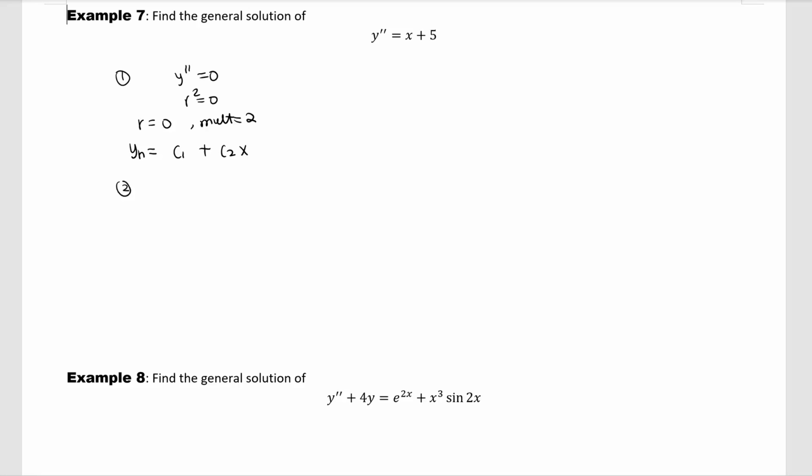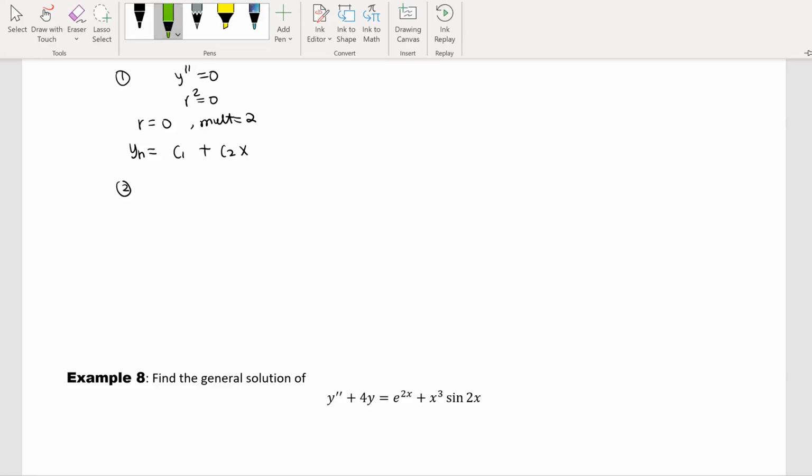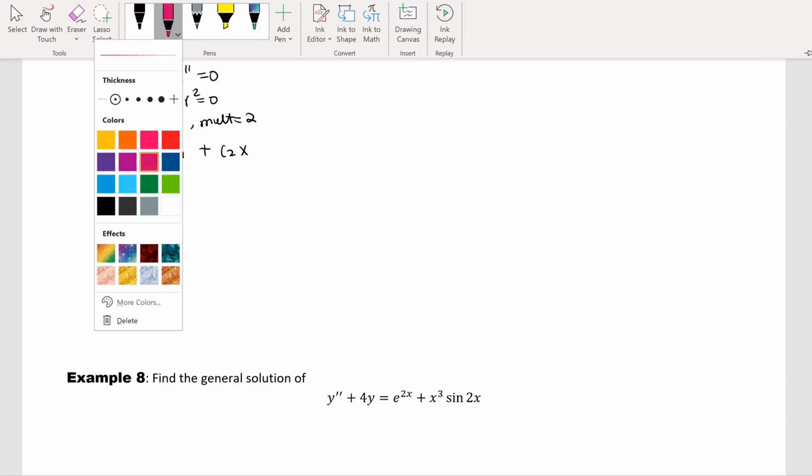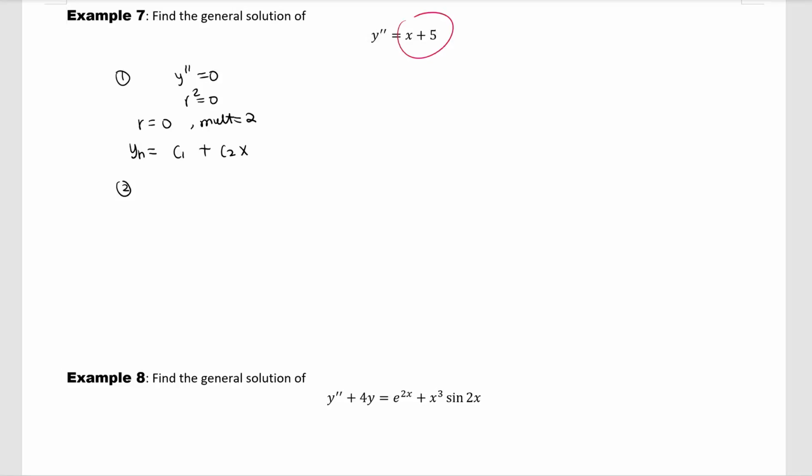In the second step, we want to find yp. So we first look at the right-hand side. The right-hand side is a polynomial, corresponding to r is 0.